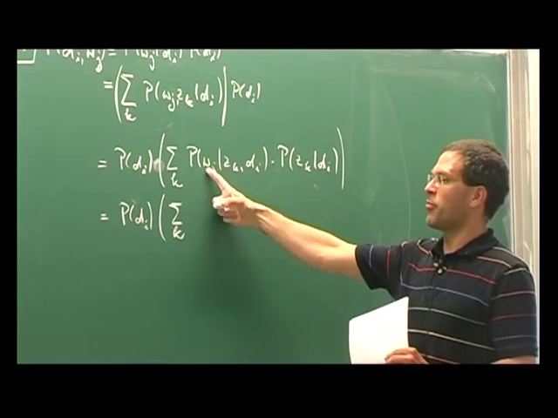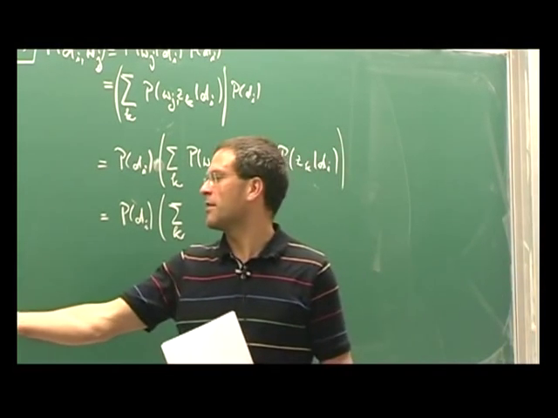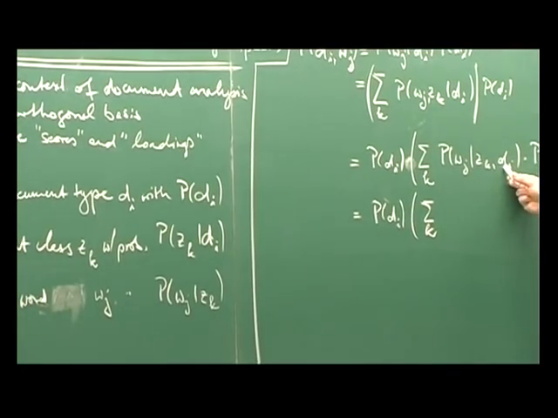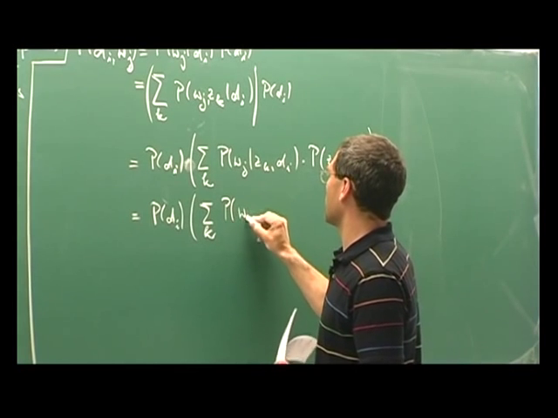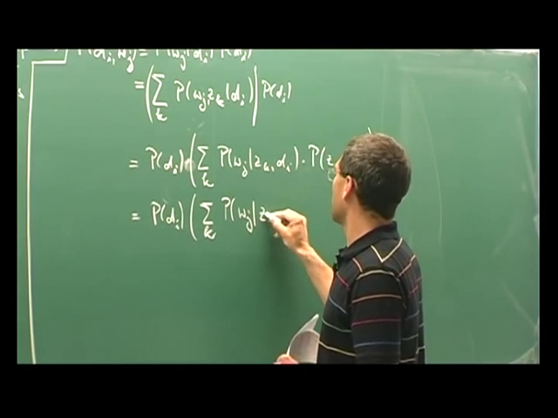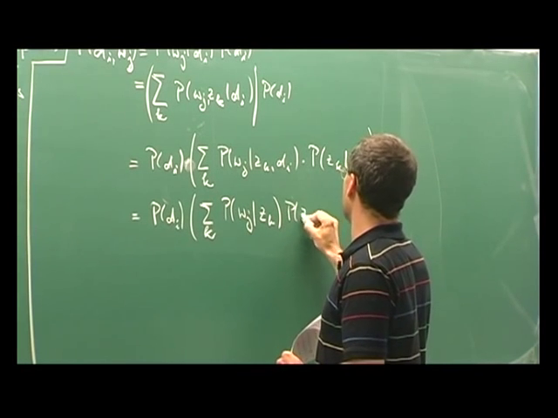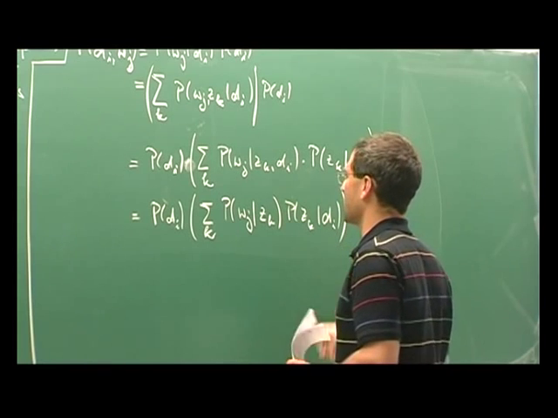However, the choice of a word by our generative model depended only on the latent class. So it's conditionally independent of the document if we already know the latent class. So this is just the probability of Wj given Zk times the probability of Zk given di.